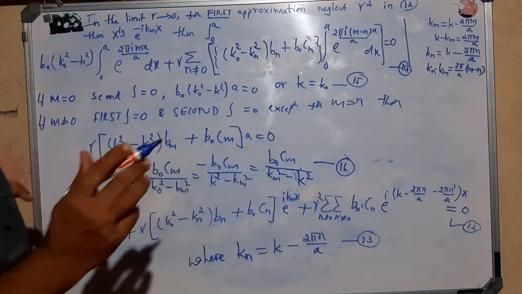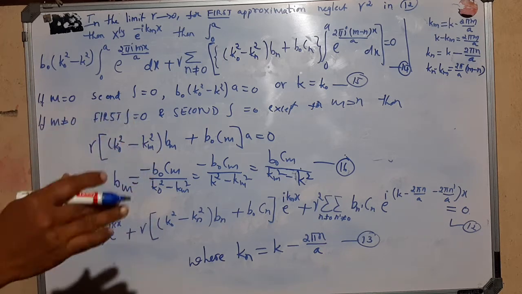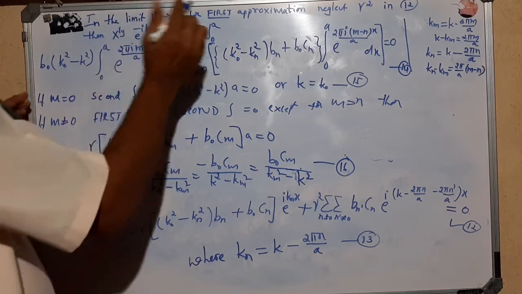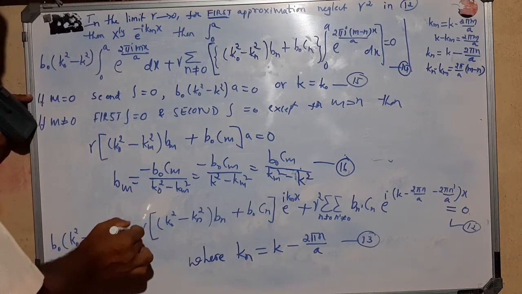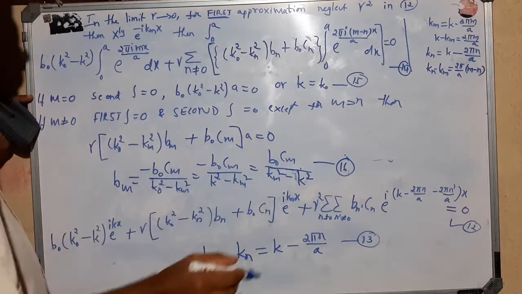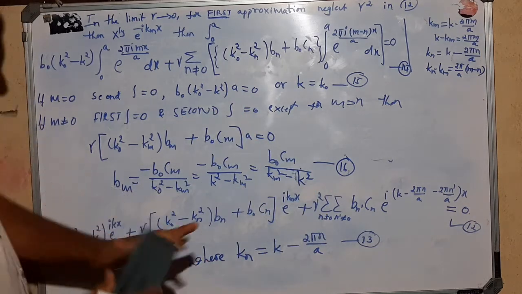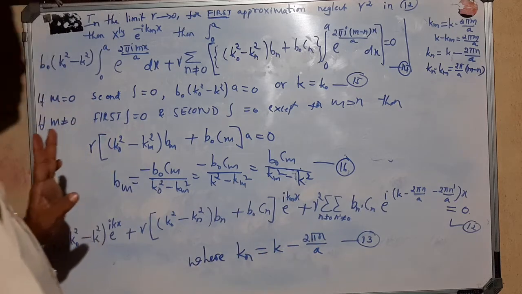First of all, just neglect the term gamma square; we will consider that later. So for first approximation, consider only the term containing gamma. Neglect gamma square, so only these two terms are left.